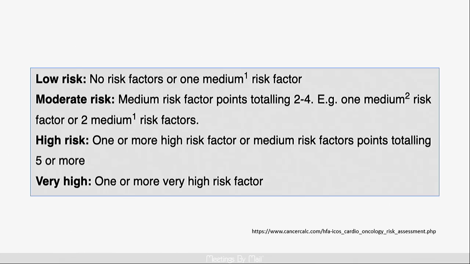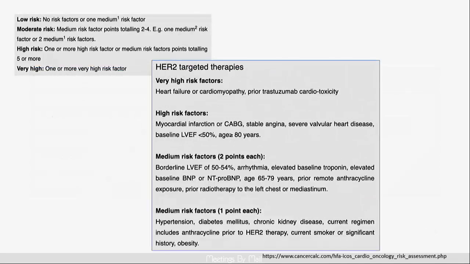There are very key ways to approach it. For example, if you have a patient who is on Herceptin targeted therapies, you would look for very high risk factors such as clinical heart failure, or high risk factors such as previous coronary artery disease, MI, LV ejection fraction less than 50%, or being elderly.